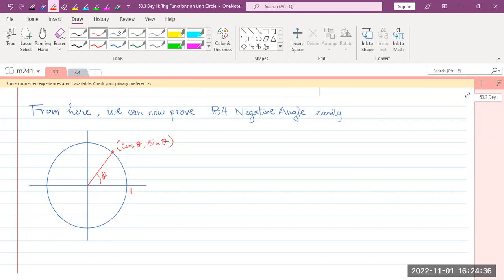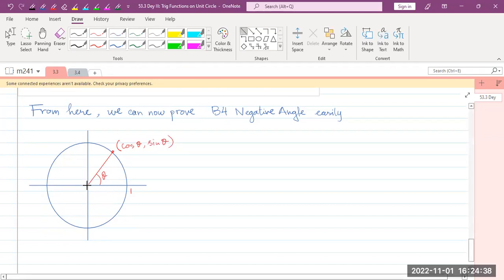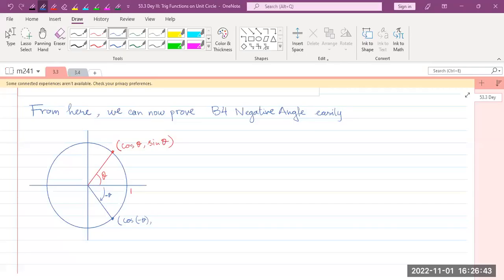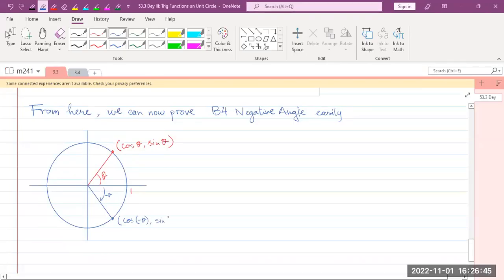Now, likewise, if I go with negative angle, which means I go clockwise, the same reference angle, but this time is negative theta instead. So the coordinate here must be cosine of negative theta, and the y component is sine of negative theta.